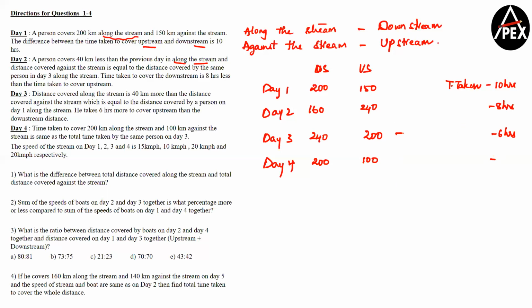So if the time taken is t here, the total time taken is also t here. The speed of stream on day 1, day 2, day 3, day 4 respectively is 15, 10, 20, and 20.